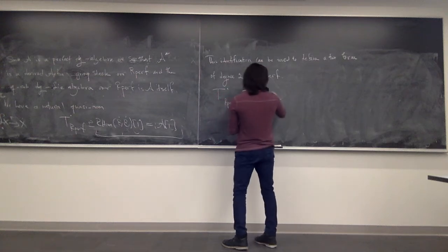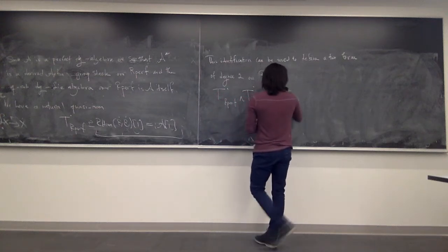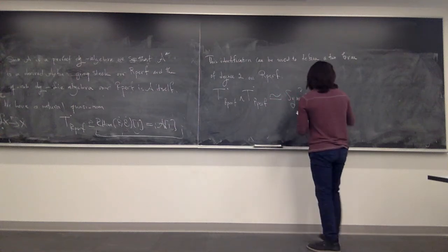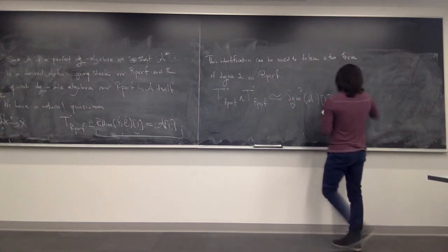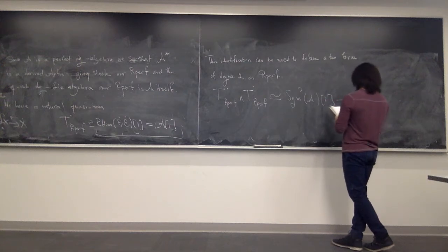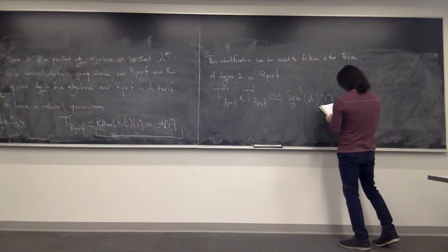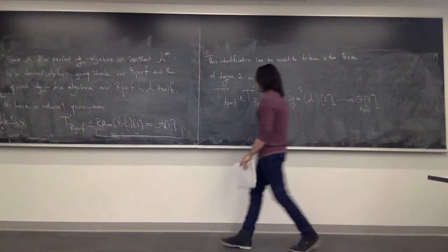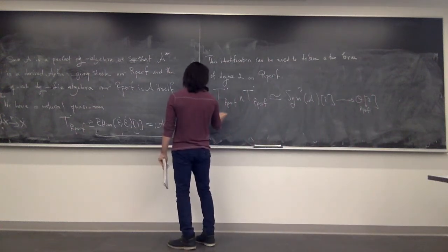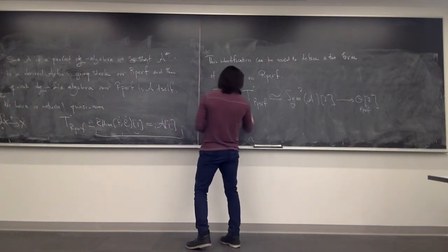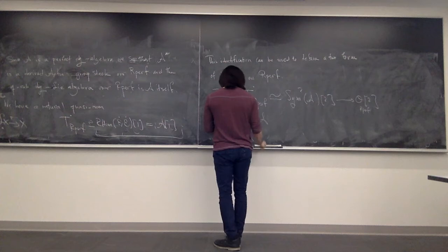Okay, and it becomes the symmetric second product of A shifted by 2. And you can map that to O of R curve via the trace, which is basically given by this composite map.